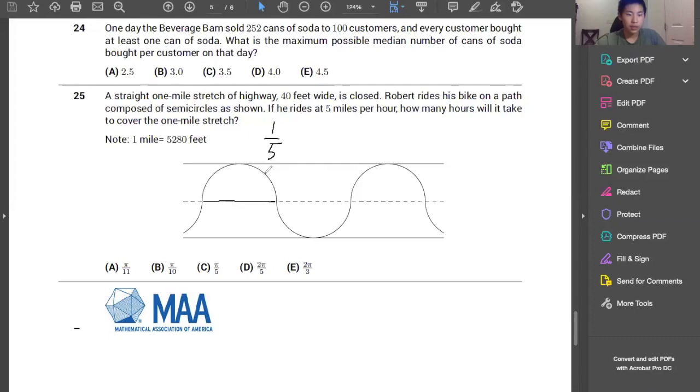However, we also need to consider how inefficient going in semicircles is. So let's say that the straight line here is x. Well, the circumference of a full circle would be x times pi. But since it's only a semicircle, it's going to be x times pi over 2.